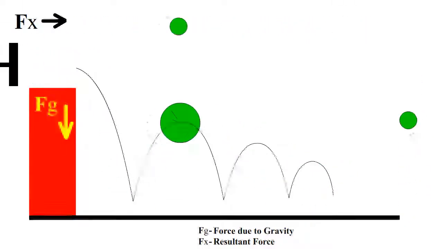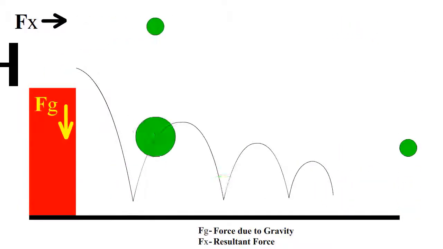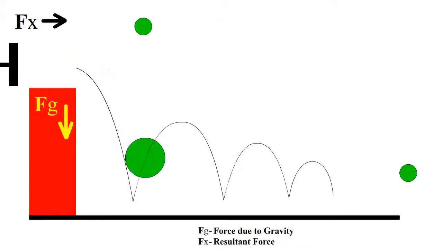But as soon as the piston gave it an external force of Fx, it started to roll. And as soon as it reached the edge, there was no more block to take the weight of the ball, so the force of gravity, Fg, made it start to come down.